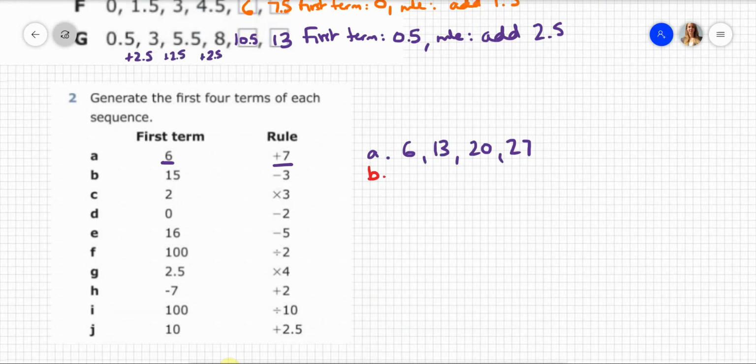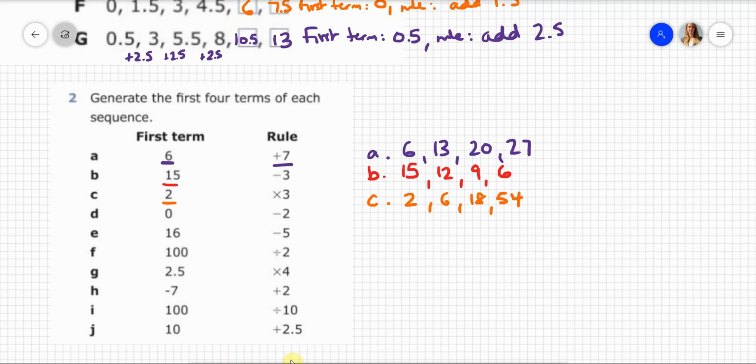B starts with 15, because it says that's the first term, minus 3, minus 3, minus 3. C starts with 2, and we're multiplying by 3. 18 times 3 is 54.